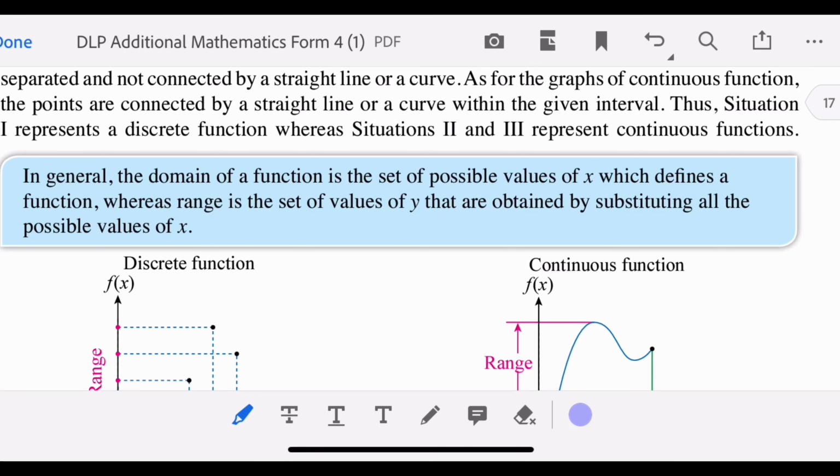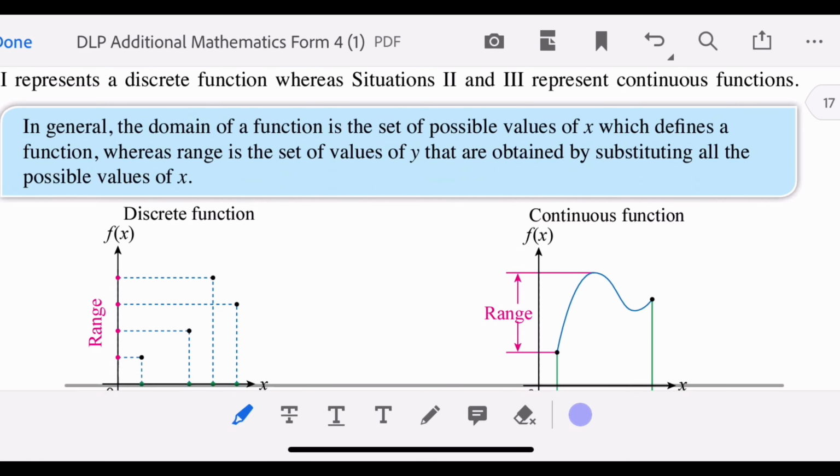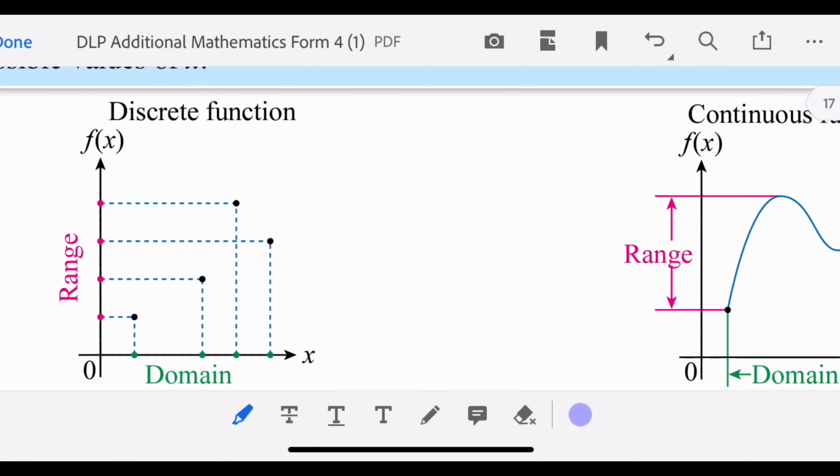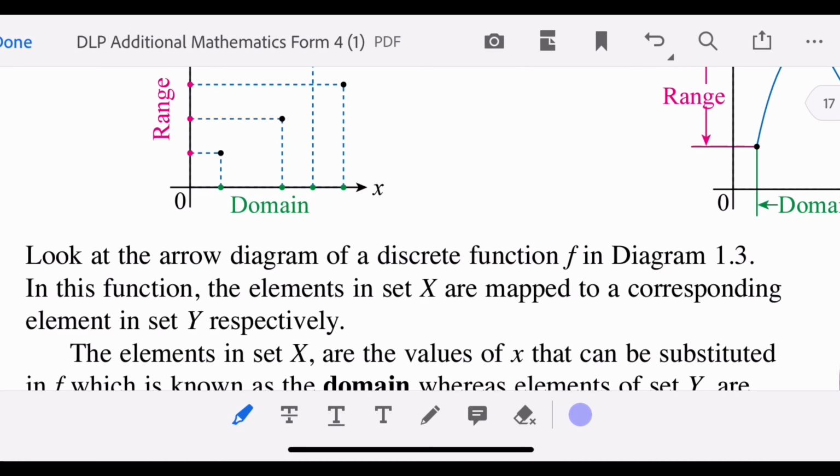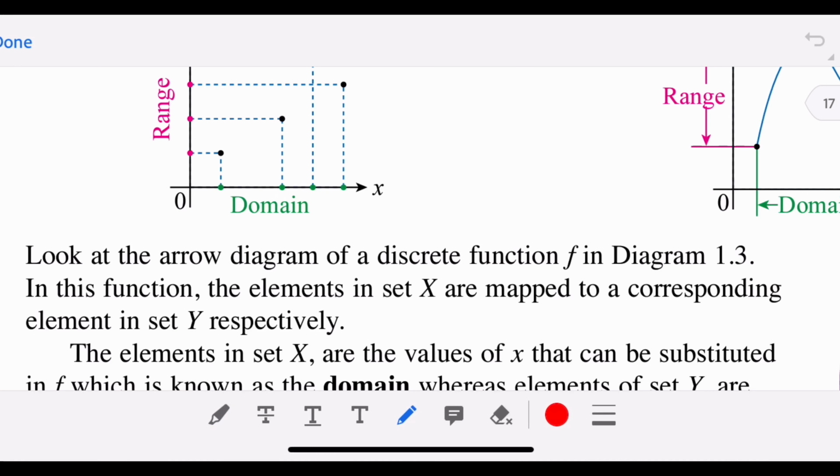Then we will learn what a discrete function is and what a continuous function is. For a discrete function, the range is usually in terms of integers. For a continuous function, the range is continuous. You can see there is a line showing that the range must be continuous.